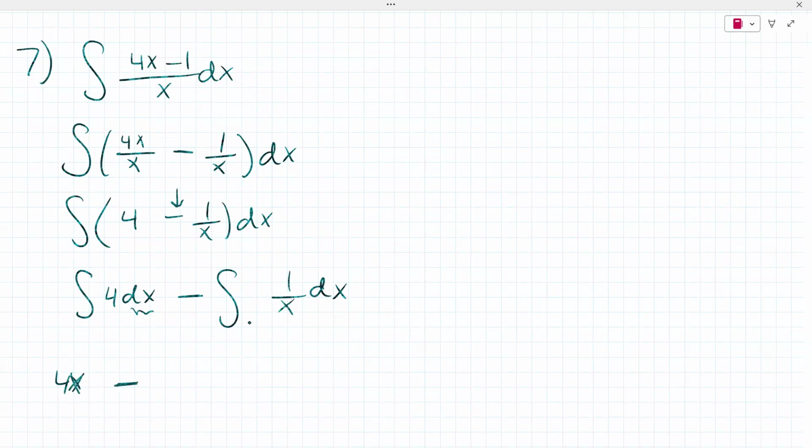Minus, what is the integration of 1 over x? Do not use the power rule. Do not convert it to x to the -1 and then add 1 over whatever that power, because n cannot equal -1 if you use this rule. But it's a special one. We know that the integration of exactly 1 over x is ln of absolute value of x plus c.